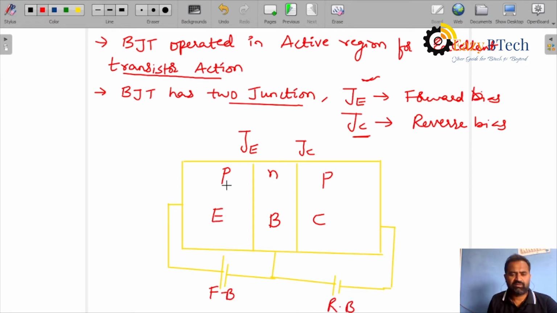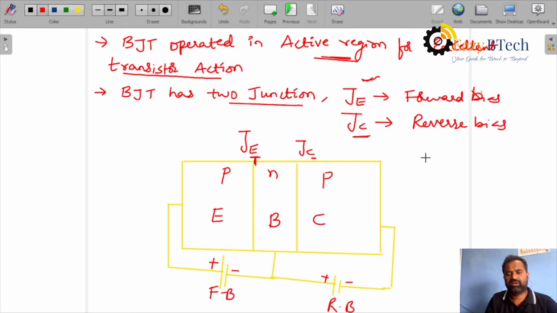It means positive connected to positive and negative connected to negative is forward. This JE junction is in forward bias, and positive connected to negative and negative connected to positive is reverse bias. JC junction is operated in reverse bias as per this concept. Then the transistor is operated in the active region.